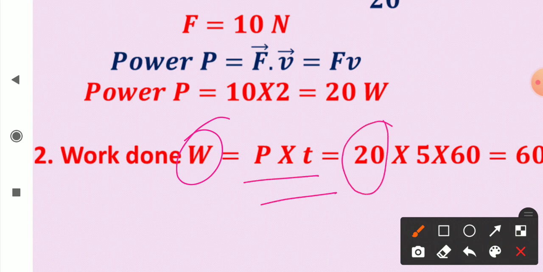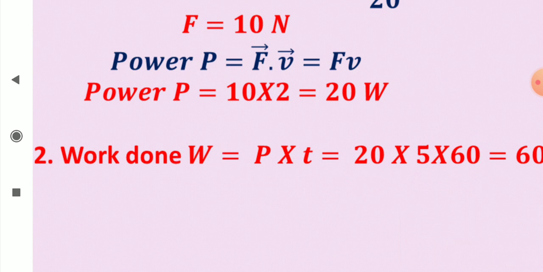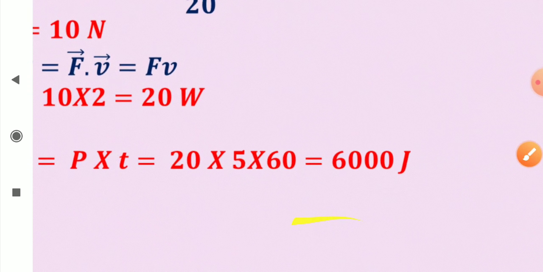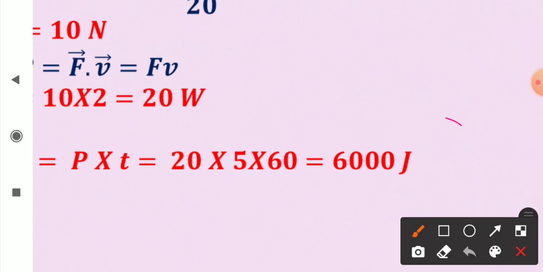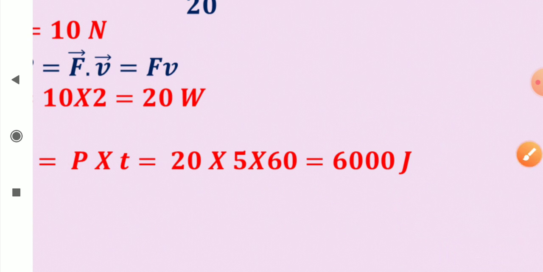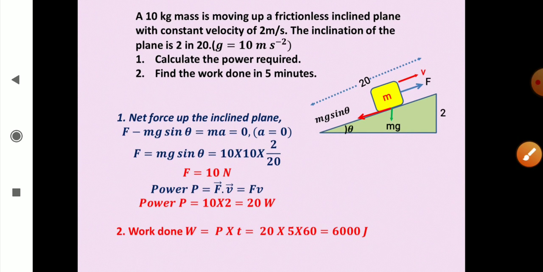Power is 20 watt, time is 5 minute, so convert it to seconds: 5 minute into 60 second, and when you multiply you get this much as work done. So in this way we can find the work done and power acting on a body.